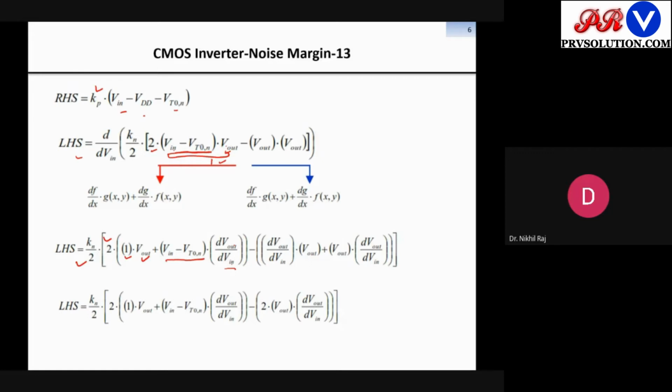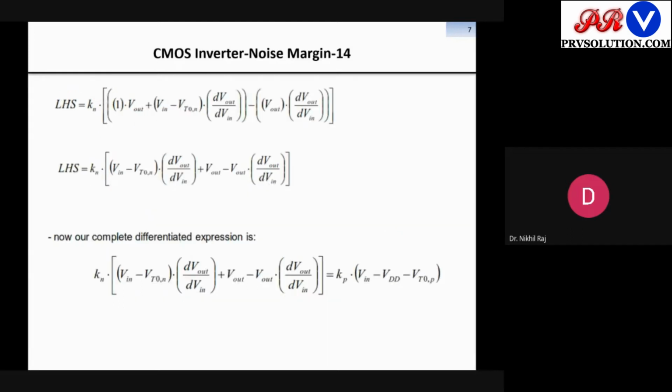Now coming to the second, again here minus V out, take it as a constant, take the derivative. Then the second is also existing in the same form, so V out and the derivative. Just rearranging, this equation and this equation are the same, so we can add these two and we will get 2 V out into the derivative, the slope dV out by dV in.